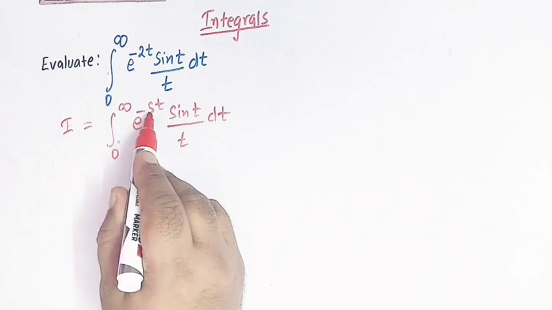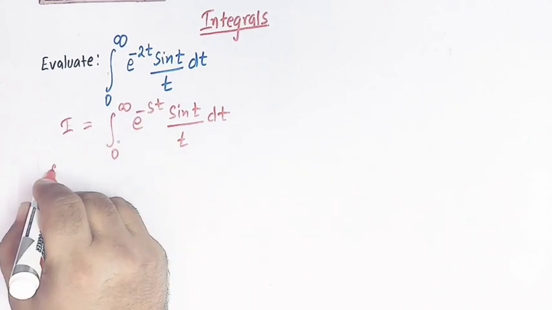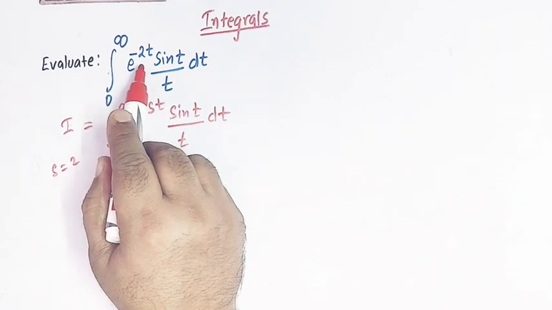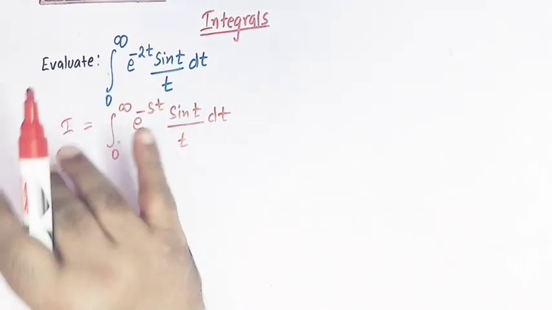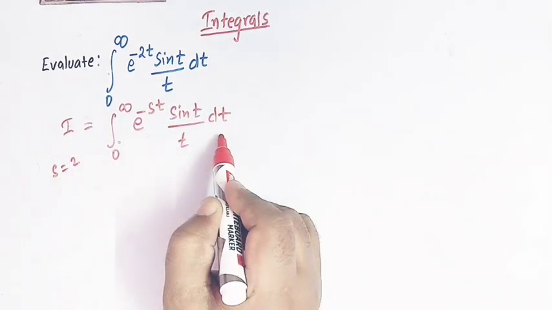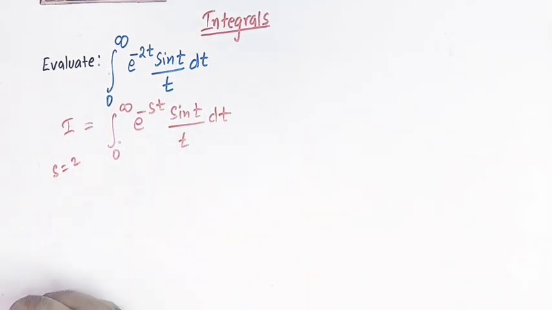So here if we take s is equal to 2, then this integral reduces to this one, right? So here our aim is to find the value of this integral in terms of s, right?